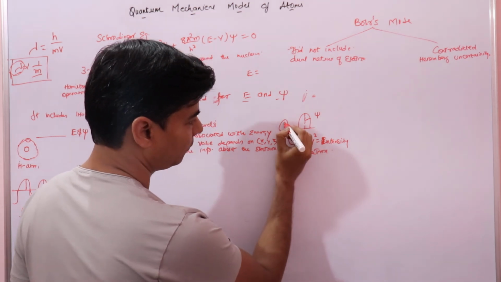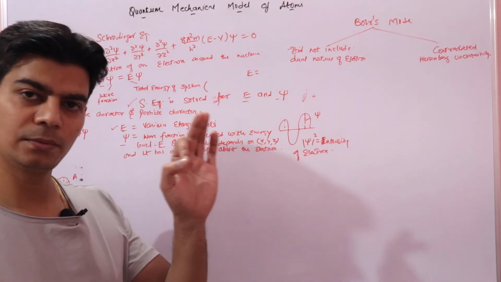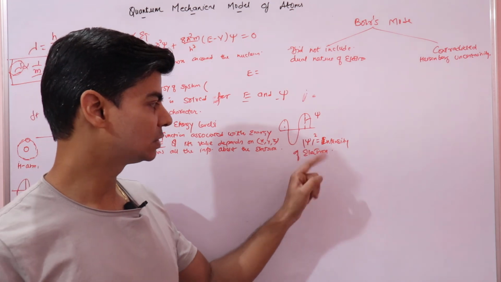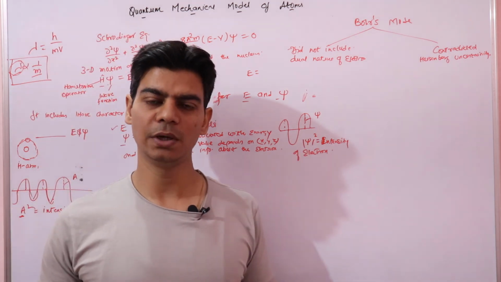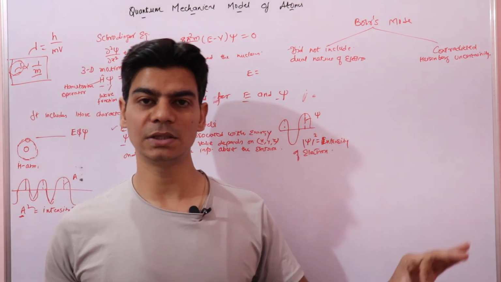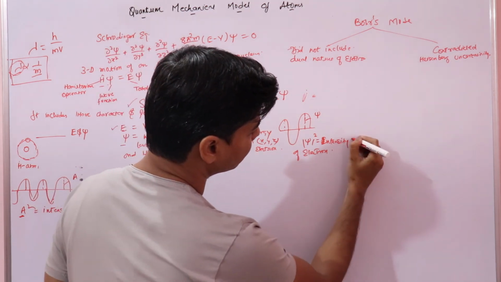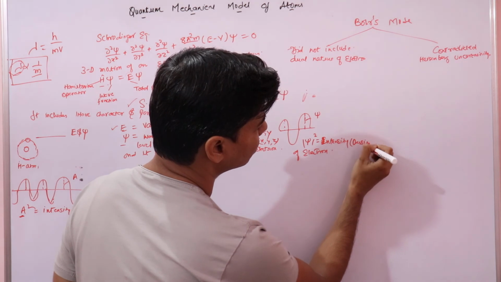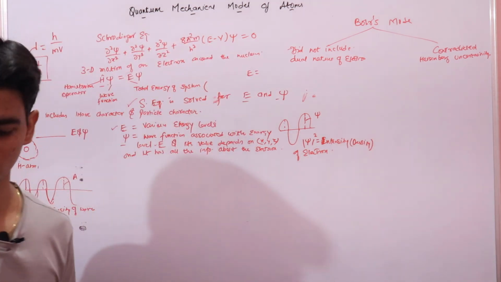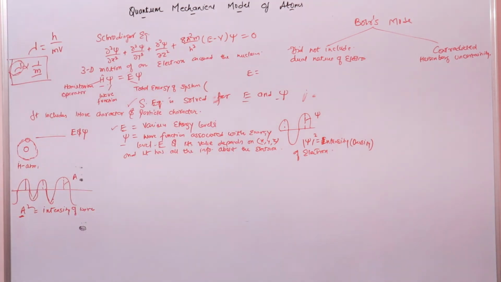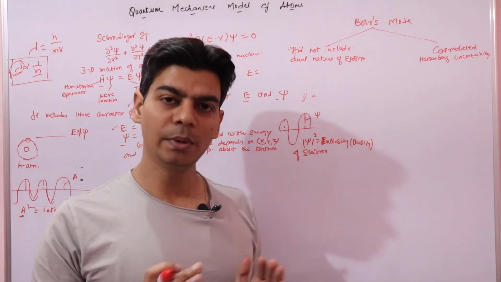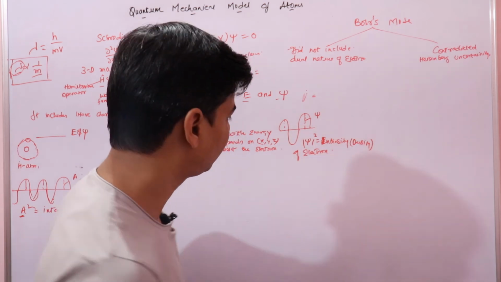If you find the value of psi square at any point, it gives you information about the intensity of electron. When we say the intensity of electron, it means the density of electron. So what it means basically is that the intensity or density of electron means the probability of finding an electron at that point, right?